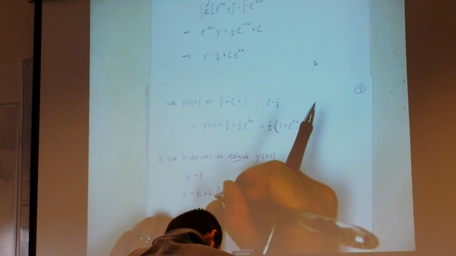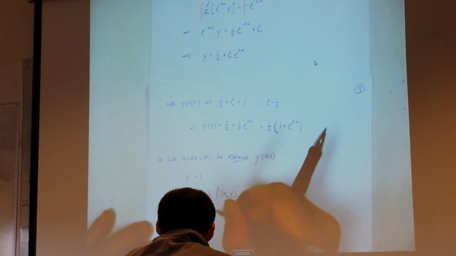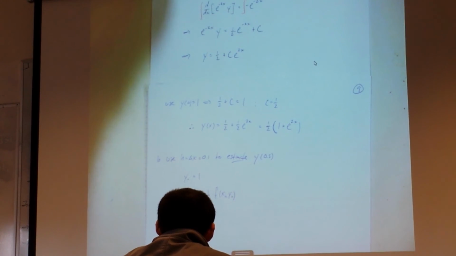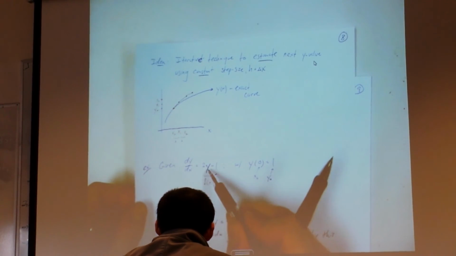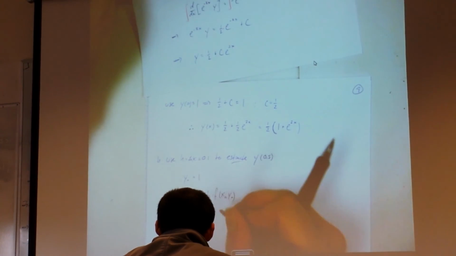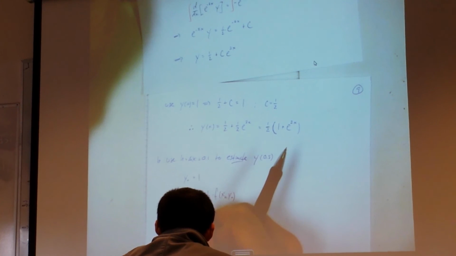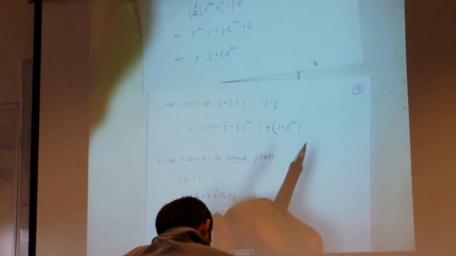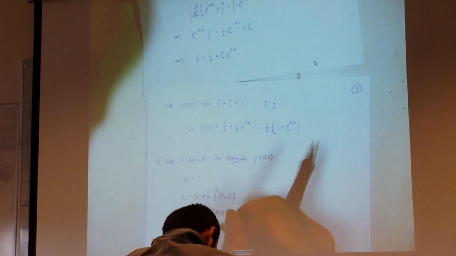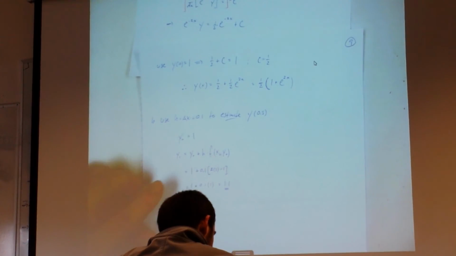And f evaluated at (0, 1) gives you what? For 0 for x, 1 for y, I get 2 times 1 minus 1. Okay, so that gives me 1 plus 0.1 times 1, we get 1.1. So that's my next y value.